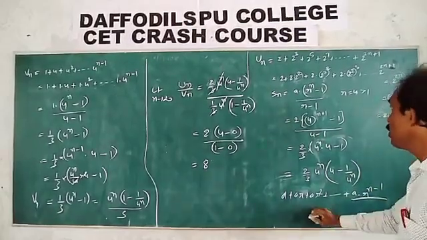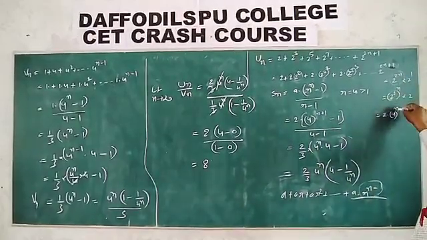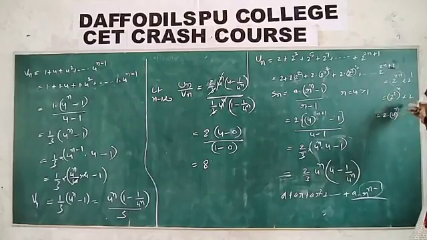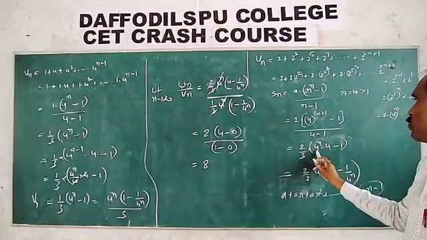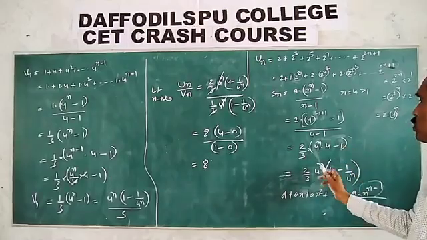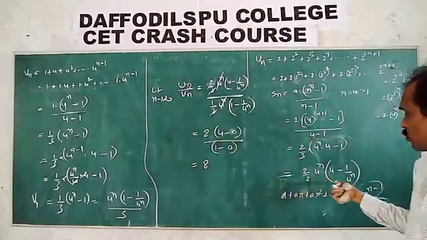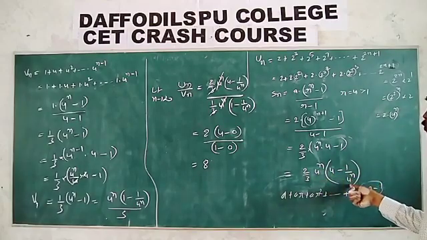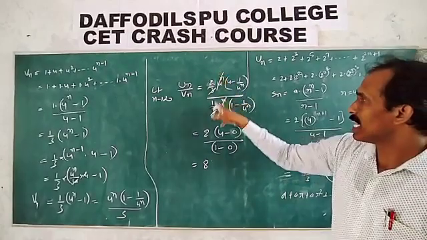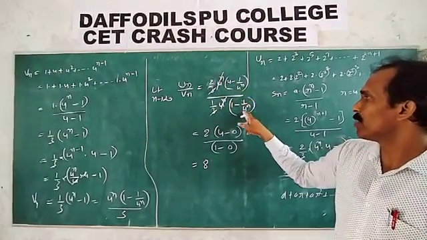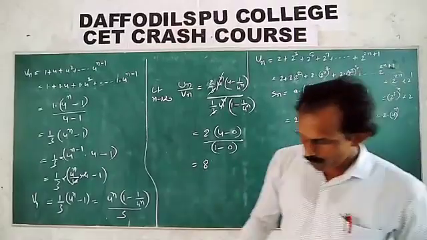That's why I take n plus 1 and split into 4 power n into 4 minus 1. Directly substituting infinity gives infinity, so take out common 1 by 4 power n. 1 by infinity is 0, so it cancels. Finally the answer is 8, so the first option.